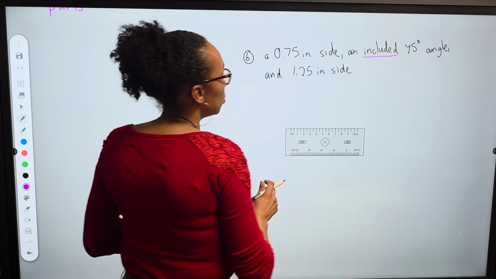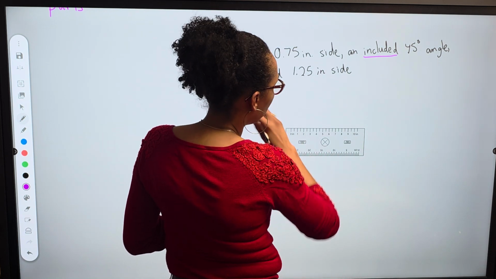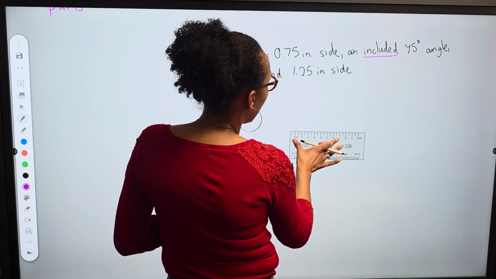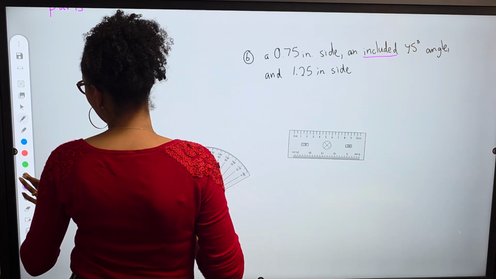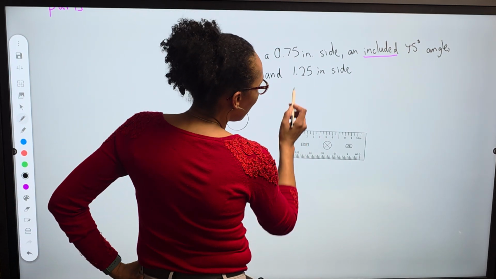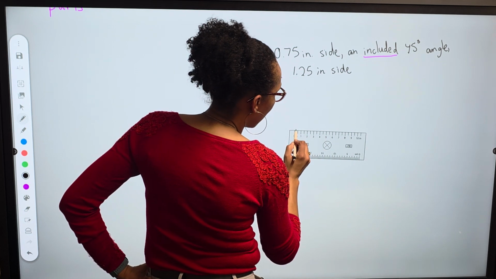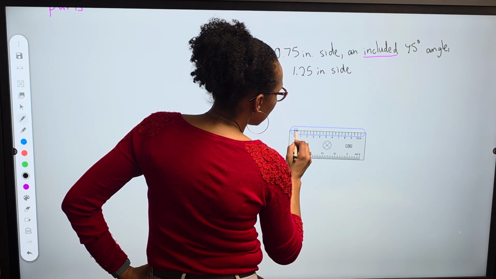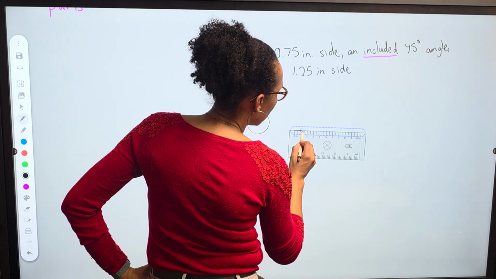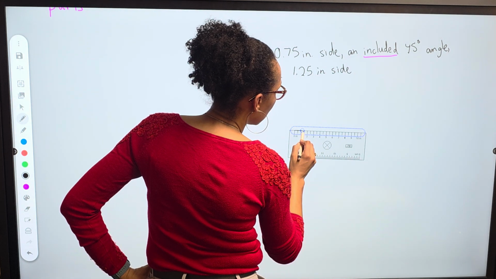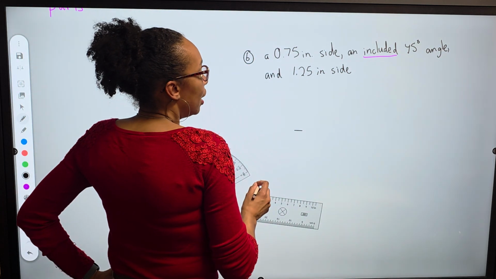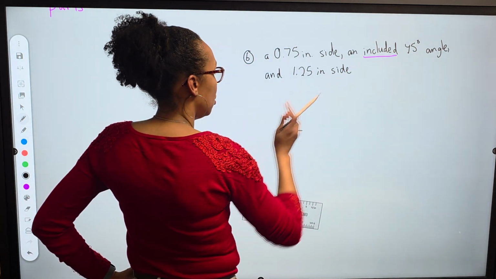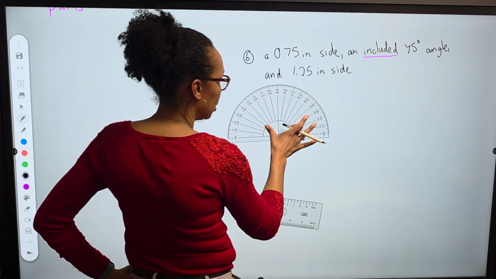All right, so let's see. I'm gonna start with the longer side just because, hopefully you can see it on my screen a little easier. So I'm gonna draw the 1.25 inch. So that's a 1 1/4 inches. About right there. Now I need my angle, 45 degrees.